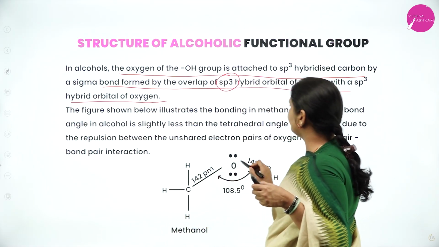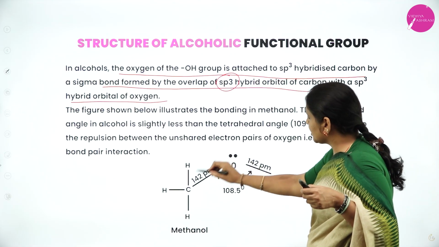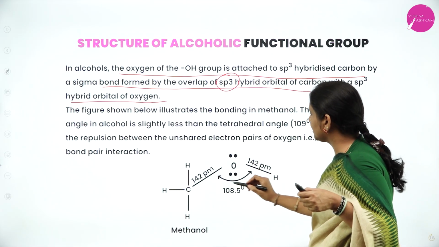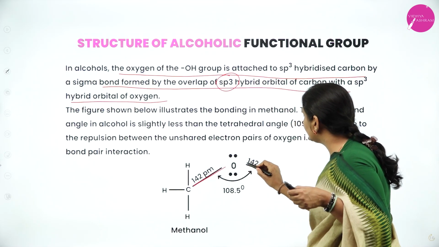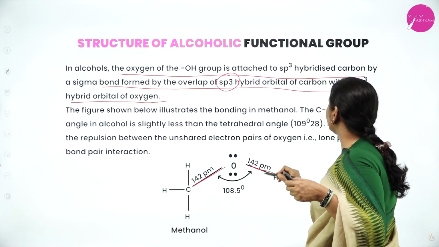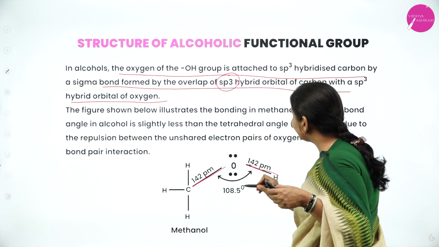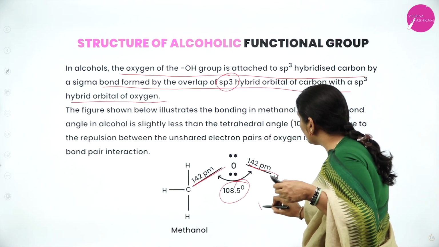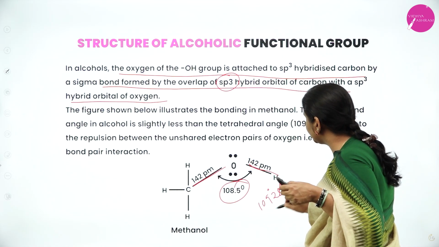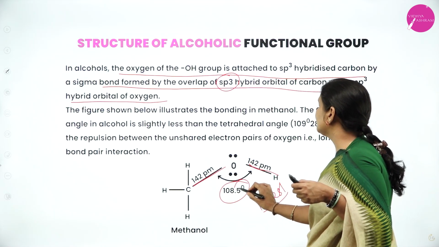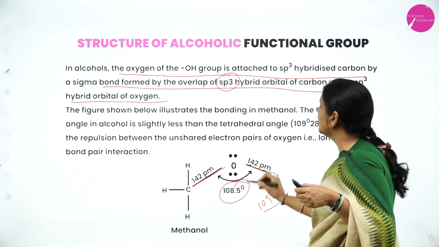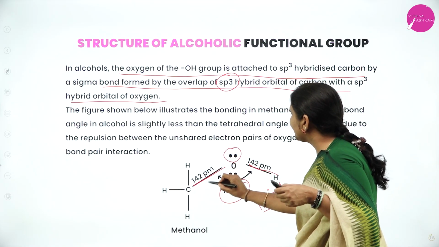The figure shown below is the structure of methanol. The bond lengths of C-O and O-H are 142 picometer, and the bond angle is less than 109 degree 28 minutes, equal to 109.5 degree, because of the repulsion between lone pair and bond pair.